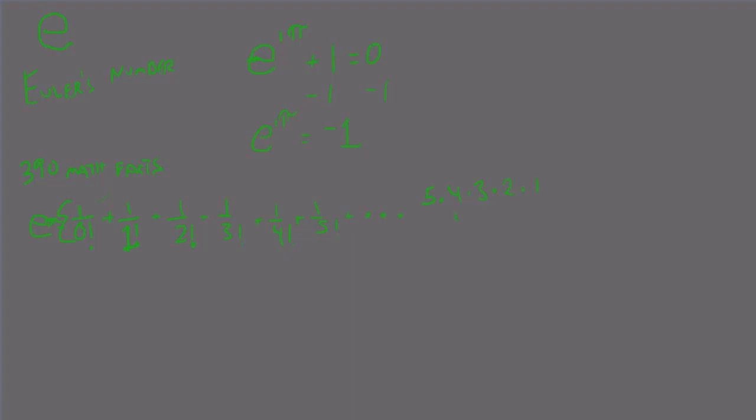And 4 factorial is 4 times 3 times 2 times 1. And 3 factorial is 3 times 2 times 1. And 2 factorial is 2 times 1. And 1 factorial is 1. And the odd one is that 0 factorial is also 1.